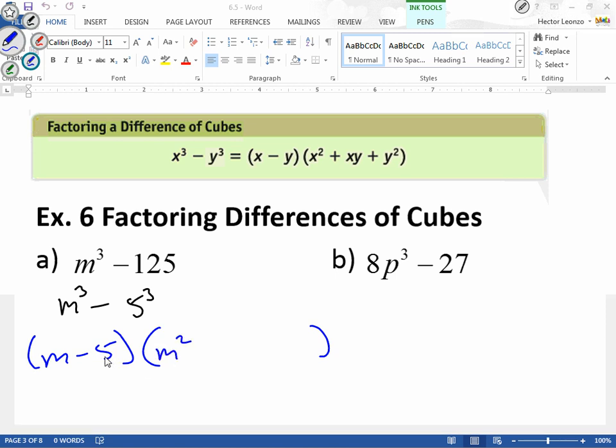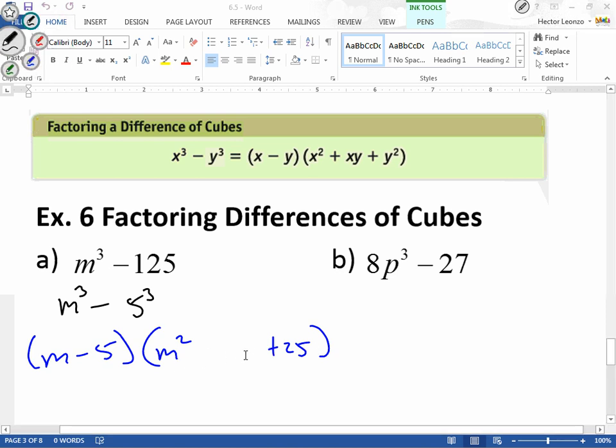Notice how it finishes with a negative 5. Square that negative 5. So negative 5 times negative 5, I'm going to finish with a plus 25. So the beginning of the first parentheses, square it, and that's the beginning of the second parentheses. Square the ending here, and that's how we end the second parentheses.